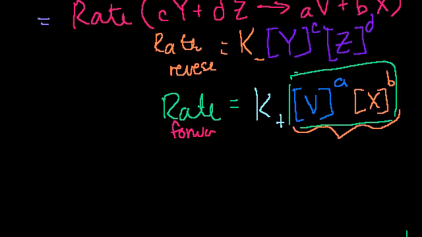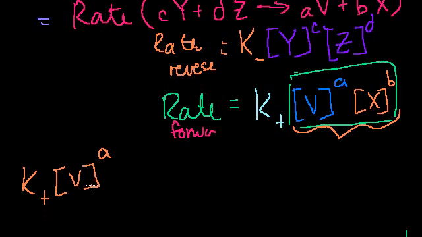When the forward rate is this, that's our forward constant, which took into account a whole bunch of temperature and molecular structure and all of that, times the concentration of our V molecule to the A power. You can kind of view that as the probability of finding V molecules in a certain volume, and that certain volume can be factored into that K factor as well.